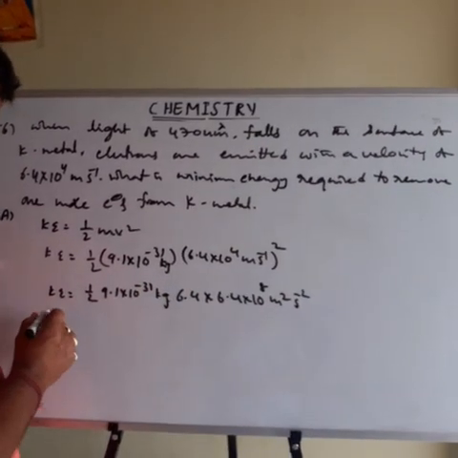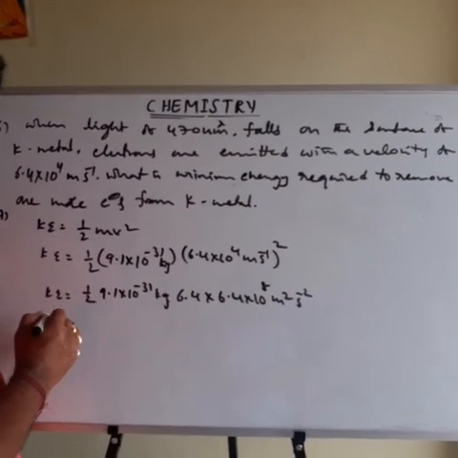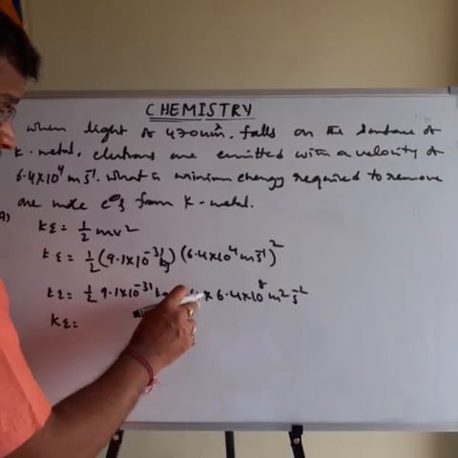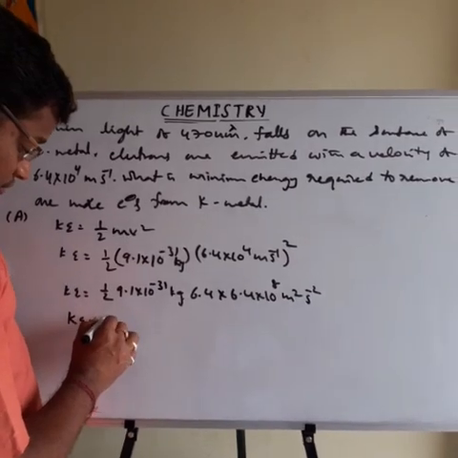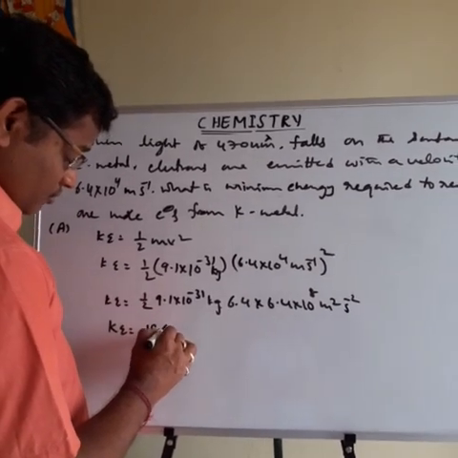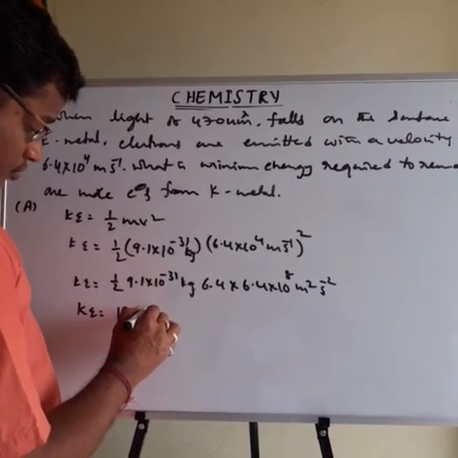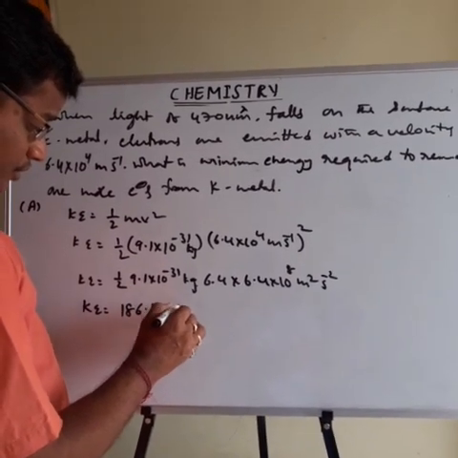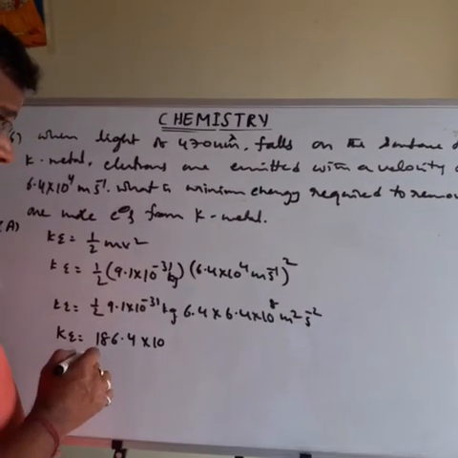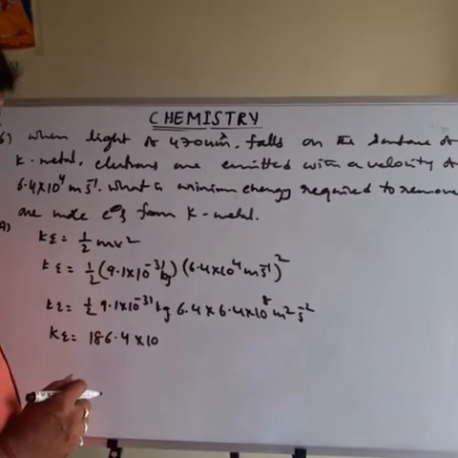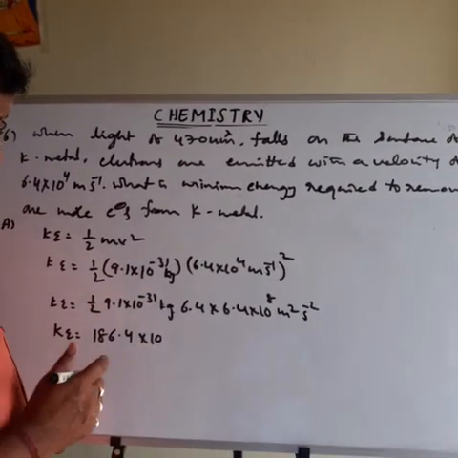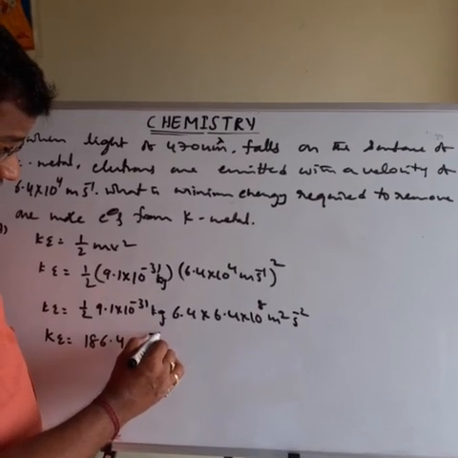Its total value, if you calculate, 9.1 into 6.4 into 6.4 divided by 2. Its value what we get? 186.4 into 10 power, this is 31, this is 8. 31 minus 8, means minus 31 plus 8, this is minus 20.